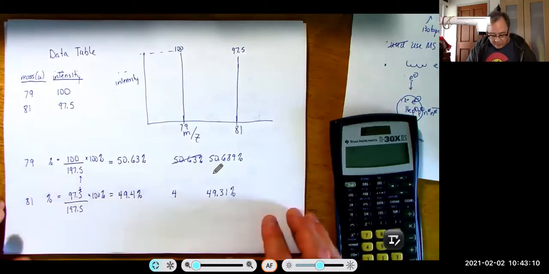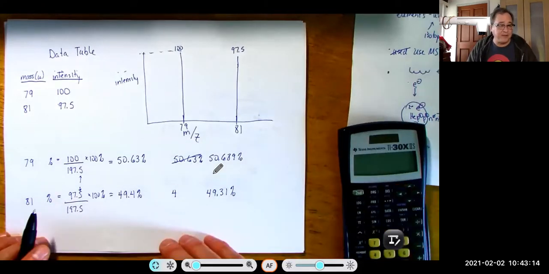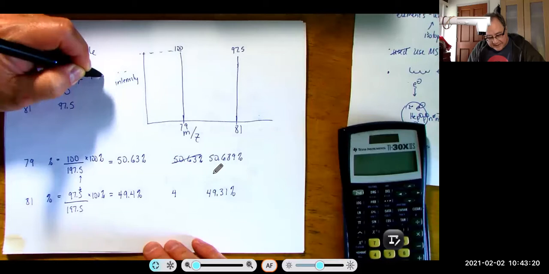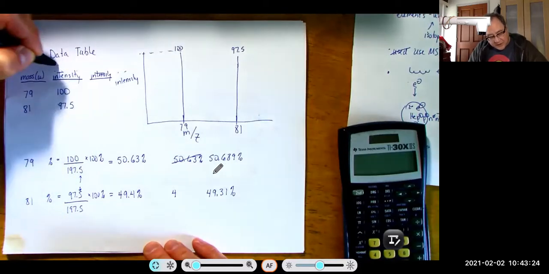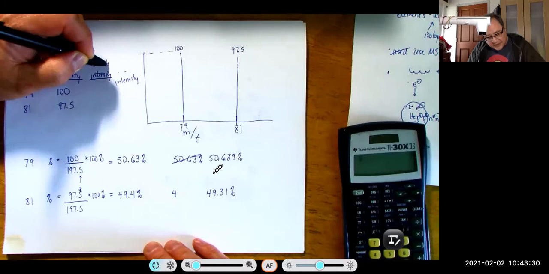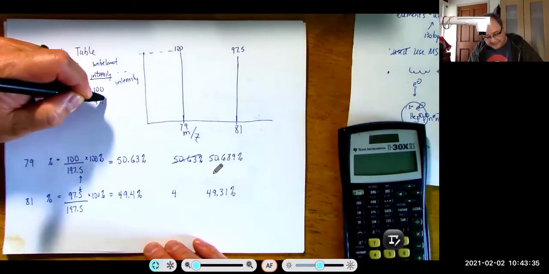So my comment would be that they're pretty close to one another. But the reason they're not the same is because of the intensity. So this is from the simulator, and this is from WebElements. The intensity in WebElements was 197.28.